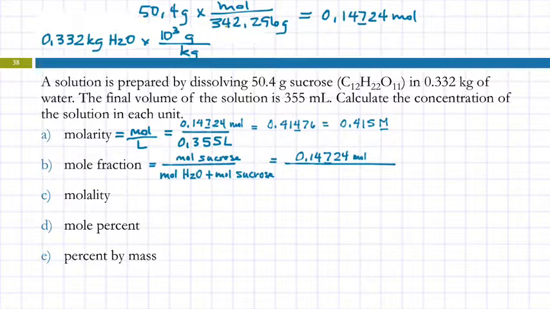Yeah, that was scary. 10 to the third. Kilograms cancel kilograms. And then we need to use the molar mass of water, 18.016 grams per mole. So 18.428 moles of water.